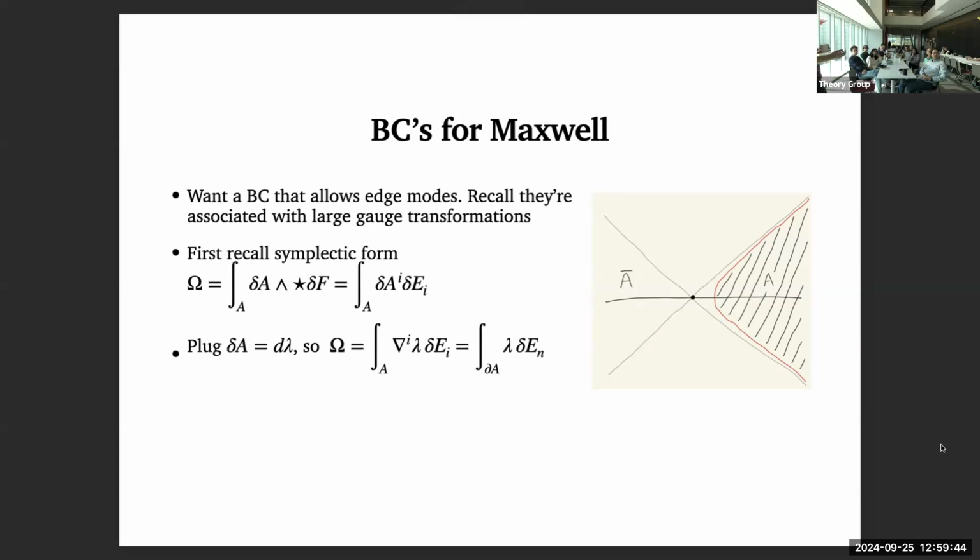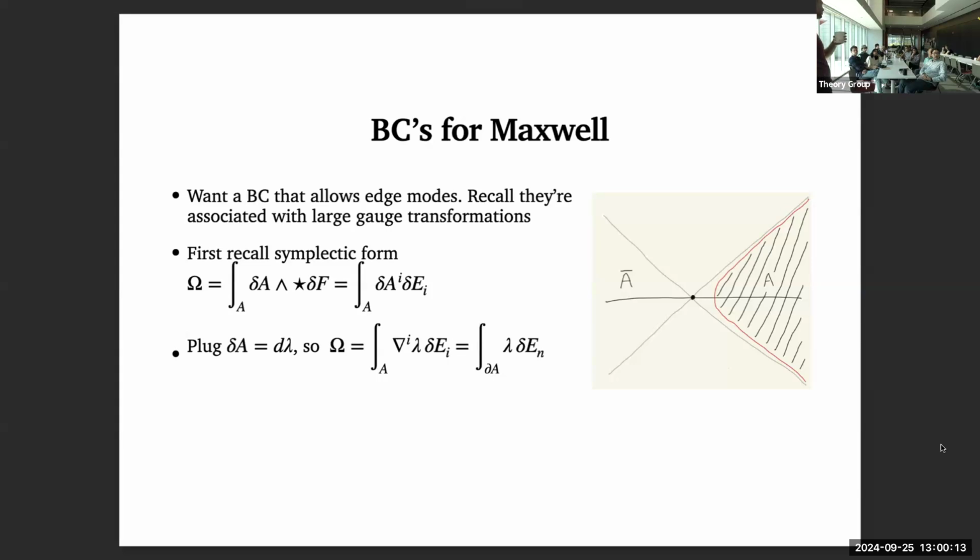Right, and plugging a gauge transformation with gauge parameter lambda into the symplectic form, you can see that it reduces to a boundary term, which is a lambda-weighted integral of the electric flux through the boundary.